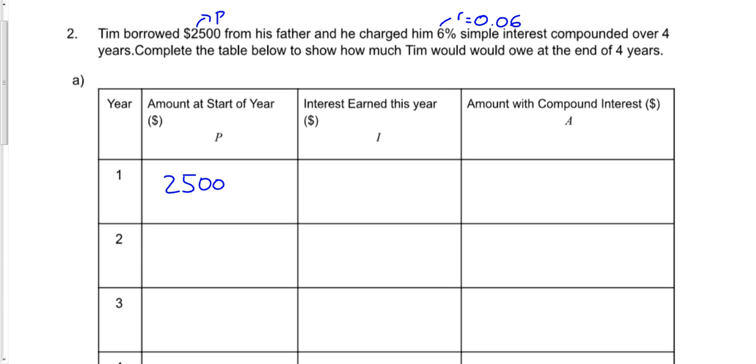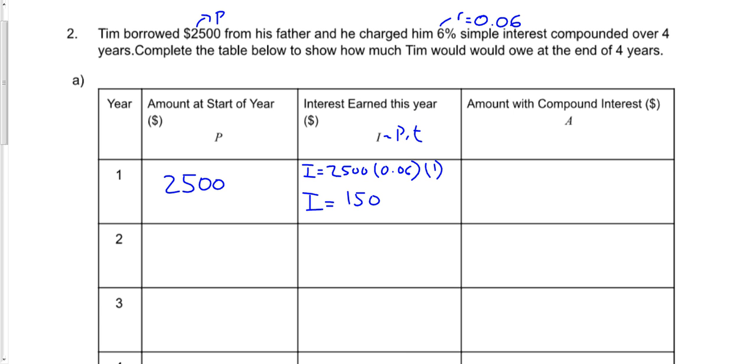So the interest is equal to P times R times T. The interest is going to be $2,500 times 0.06, and for the amount of time, we just want to figure it after 1 year. So the time period is 1 year. The interest is 2,500 times 0.06, that's going to be $150.